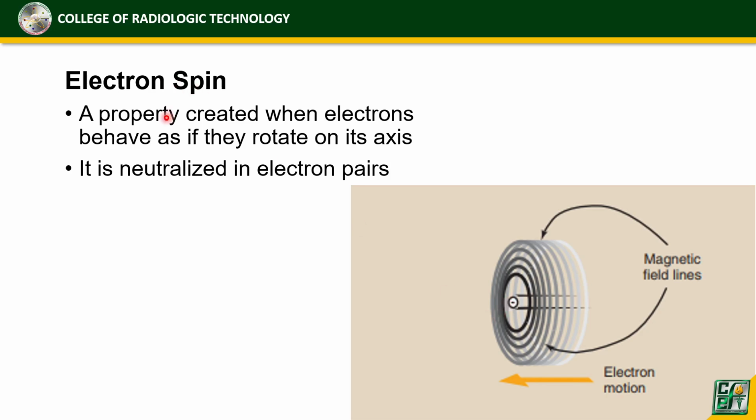So yung electron spin ay neutralized into electron pairs. Kapag siya ay nagkaroon na ng katabi na electron, hindi na siya mag-spin. And this electron spin also creates the magnetic field.